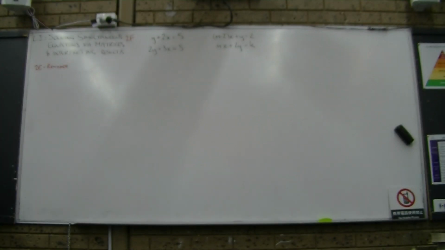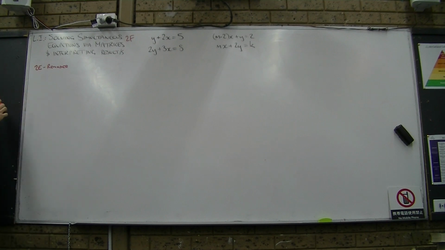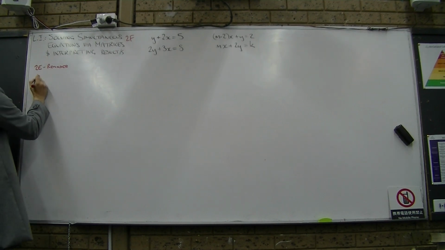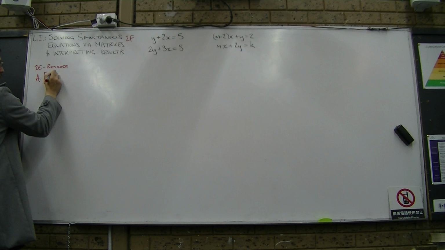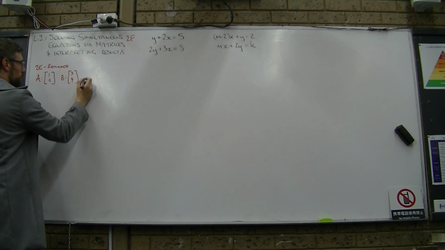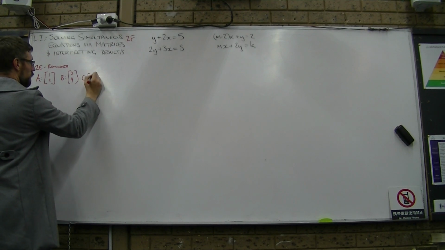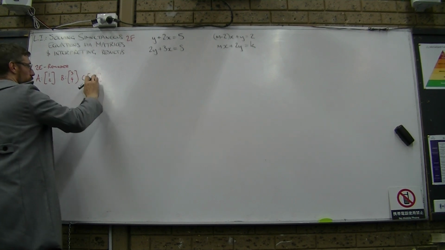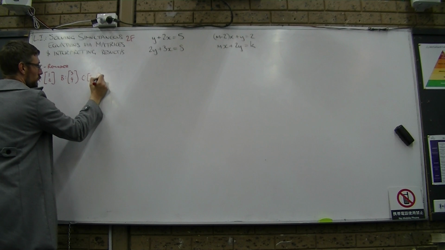Okay, quick reminder on matrices. Let's define some. C can be 5, 6. That's 5, 6, not 56.